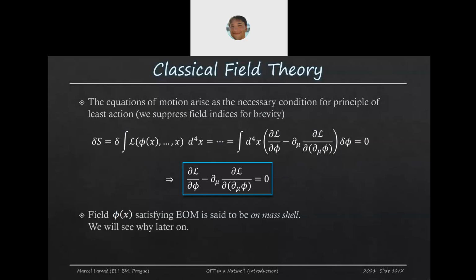It could depend on higher gradients, like a second four-gradient, or it could depend on the positions. But as we will see, there are good reasons why we should omit such Lagrangians. We will see that momentarily. When such a field satisfies the equations of motion, it is said to be on mass shell. We will see later why.